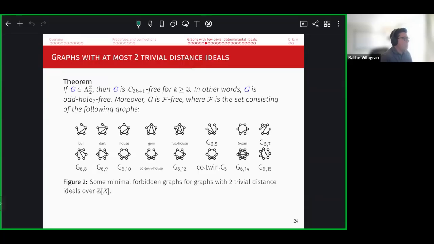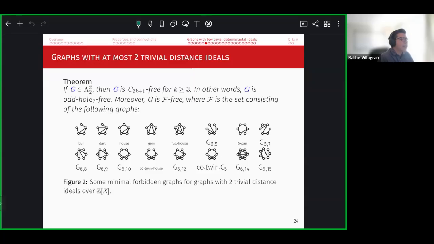So recently we have been working on graphs with at most two trivial distance ideals. And this one is interesting because there are a few things we know.